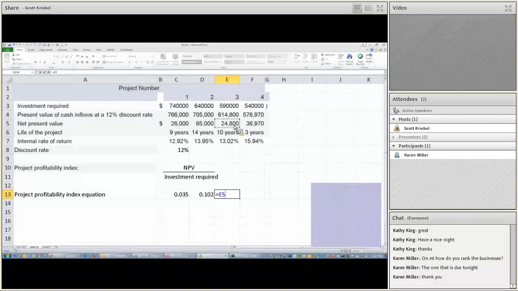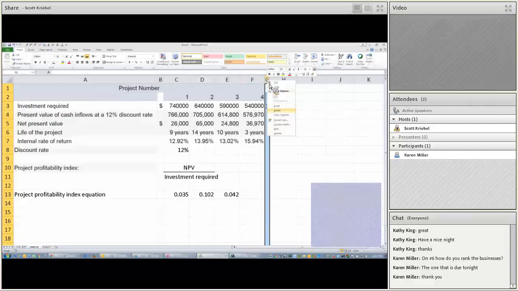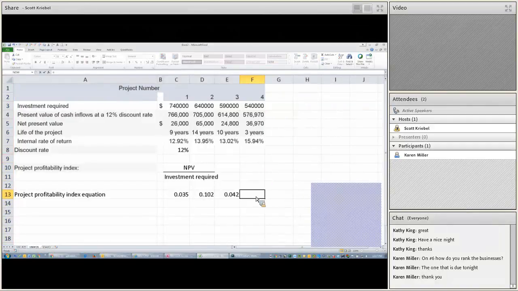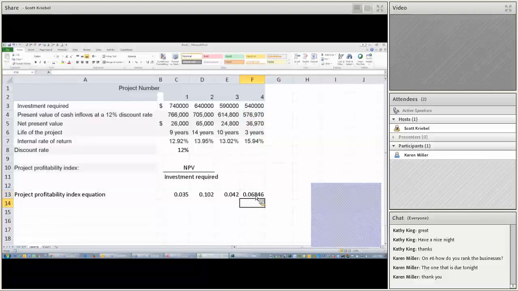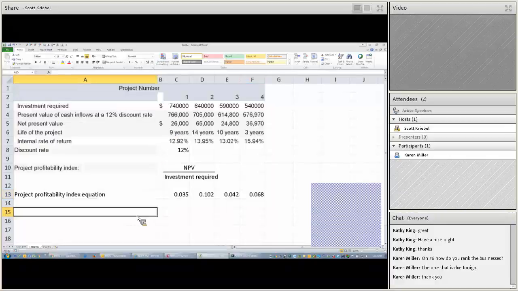And then there's project number 4, or project number 3, excuse me, 0.042. And then we've got this one. Okay, 0.068. All right.